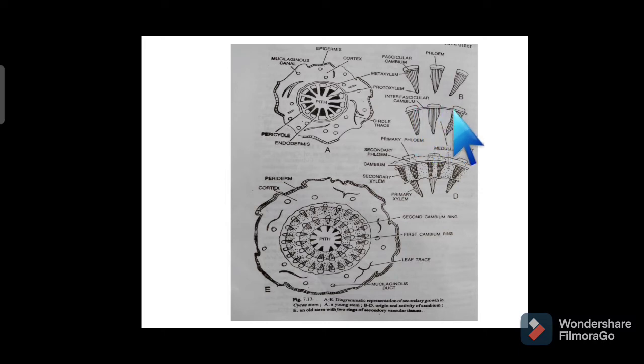And this complete ring of cambium cuts the secondary xylem towards the center, and the secondary phloem towards the periphery.